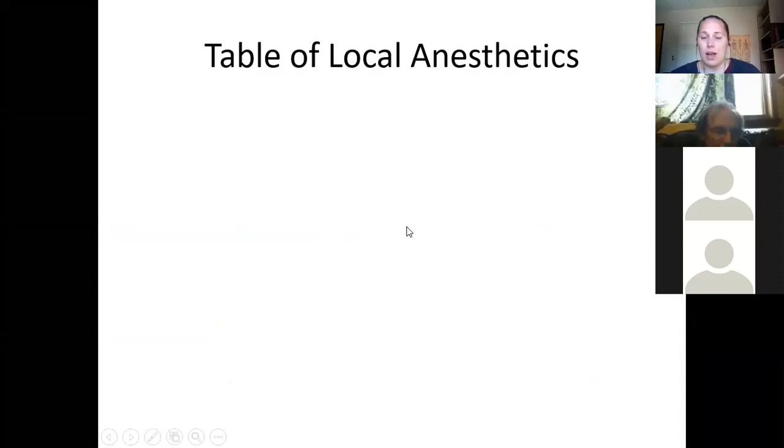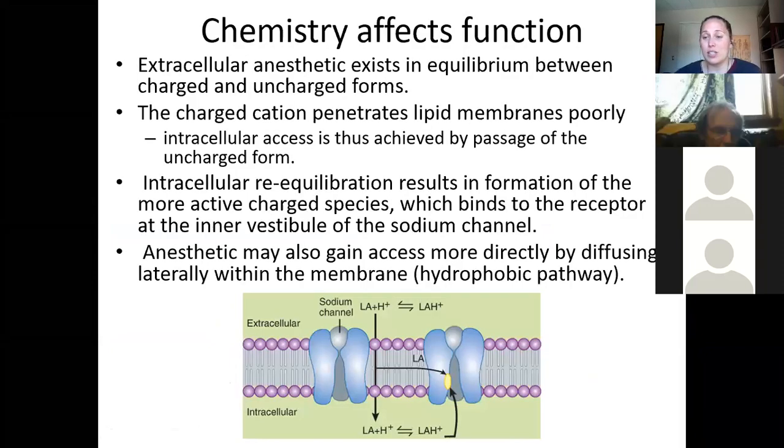Continuing this discussion of how chemistry affects the function of these local anesthetics, I talked about how there's an ionizable form of them. Extracellularly, the anesthetics are in equilibrium between their charged and uncharged forms, constantly passing back and forth.